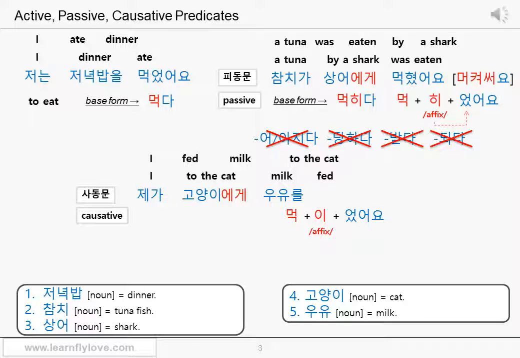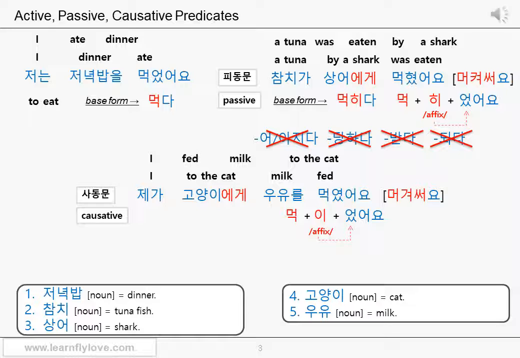And add the ending 었어요 because it's in the past tense. 먹이었어요. As you know, 이 and 었 sound combine together one more time and make 였 sound. So 먹이었어요 becomes 먹였어요. And it's in the causative form.